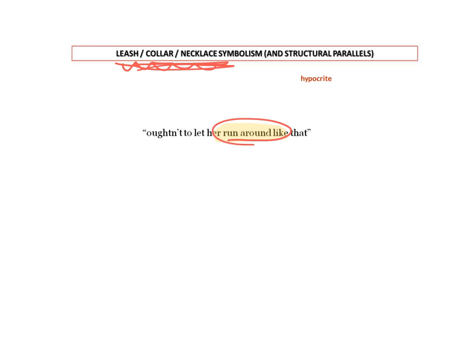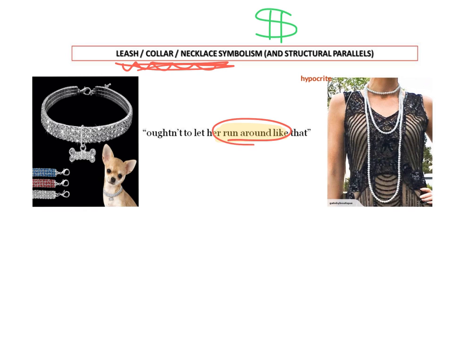I suppose the idea we're getting at here is that Tom's money, his wealth, is frequently involved in purchasing these symbols of restraint and control towards women to prevent their running around.